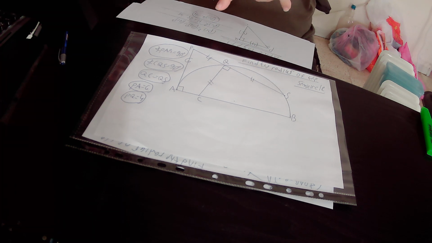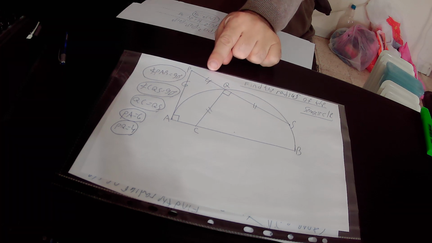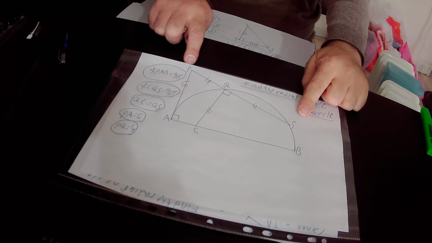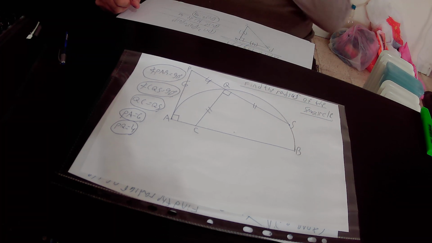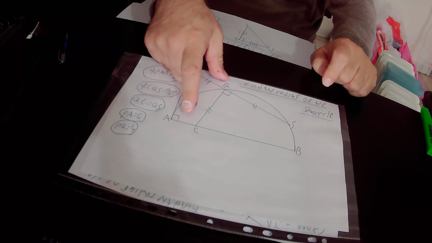We also know that line segment PA equals 6 units in length, and line segment PA is also tangent to the semicircle at point A. In addition, line segment PQ equals 4 units in length, and line segment PS cuts the semicircle at points Q and S. We also know that line segment QS equals line segment QC.